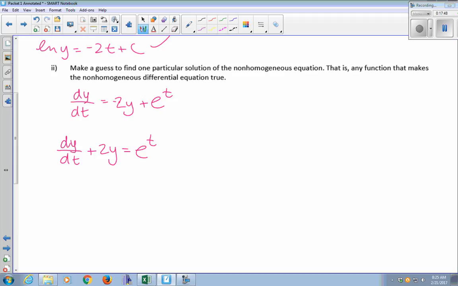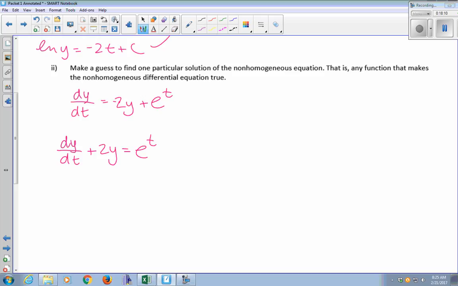So now just think about what the symbols mean. Dy dt means a derivative. So we're looking for a function whose derivative plus twice itself equals e to the t. So the function itself and its derivative would have to be like terms so that when I add them, I get an e to the t.